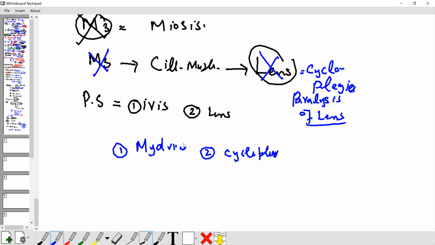Atropine or tropicamide, any cholinergic antagonist. The drug causing mydriasis with cycloplegia, both things.